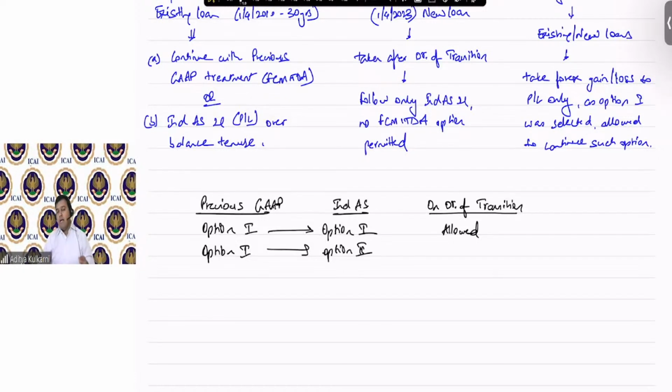I want to now transit from option one to option two. Is it allowed or is it not allowed? Second case. Option one earlier, now I want to book it in FCMITDA in the Ind AS regime. Is it allowed or not allowed?